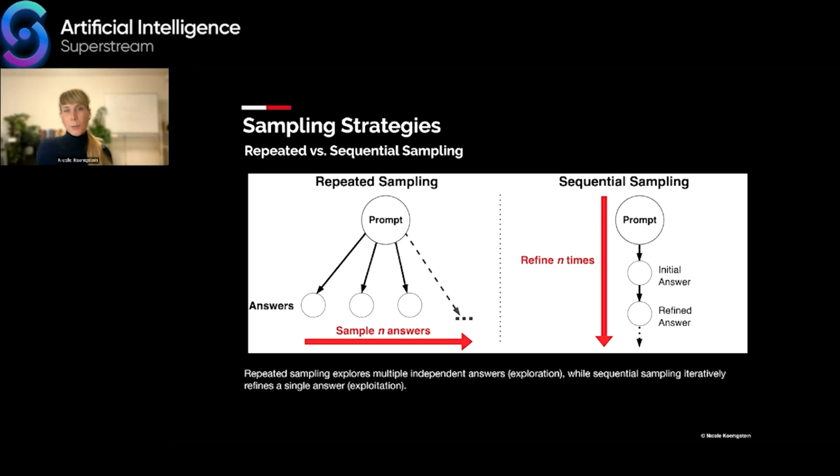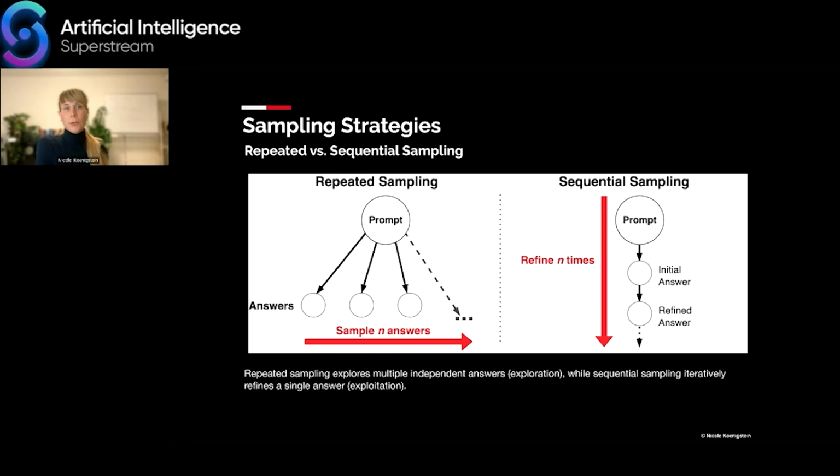On the other hand, we could do sequential sampling, and I'm quite sure you've done this often with any chat model, asking it to provide further answers based on more input and refine it. So what you do there is exploit a single answer, going deeper with it.